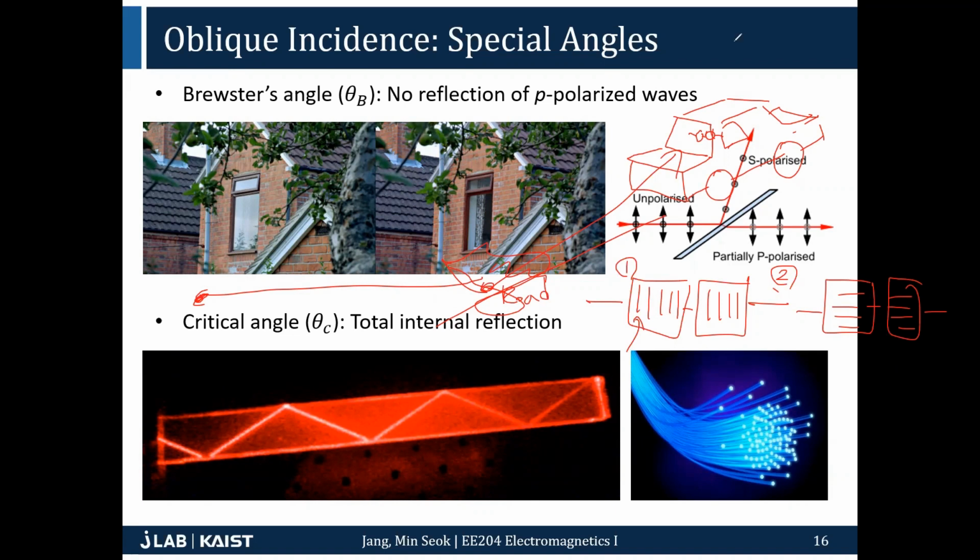So if I draw a simplified figure, it looks like this. You are here, and around sunset, you have highly oblique incidence or oblique reflection, and you want to avoid this light, right? Because this is not helpful.